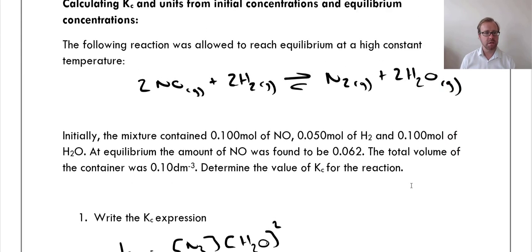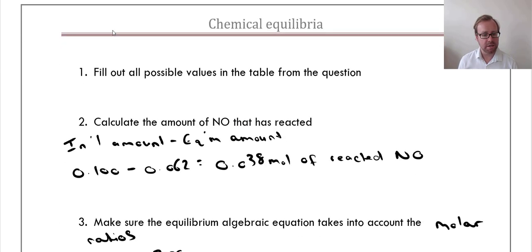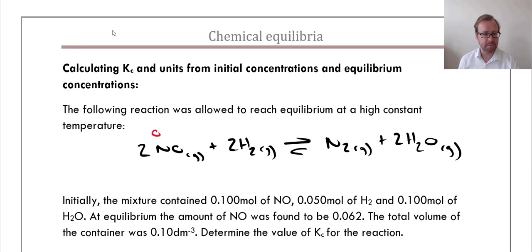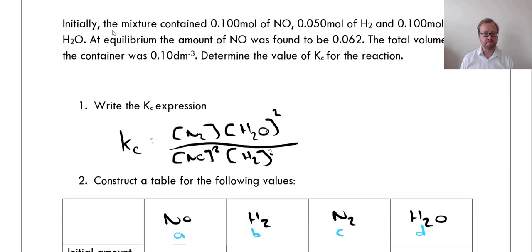Hope that makes sense. We'll write it on the top to make it easier to understand. I'd already worked out that the amount of NO that has reacted was 0.038, which means, because it's a molar ratio of 2 to 2, 0.038 of this must have reacted, which produces 0.038 divided by 2, because there's a 2 to 1 ratio, and 0.038 here. Hope that makes a bit more sense.